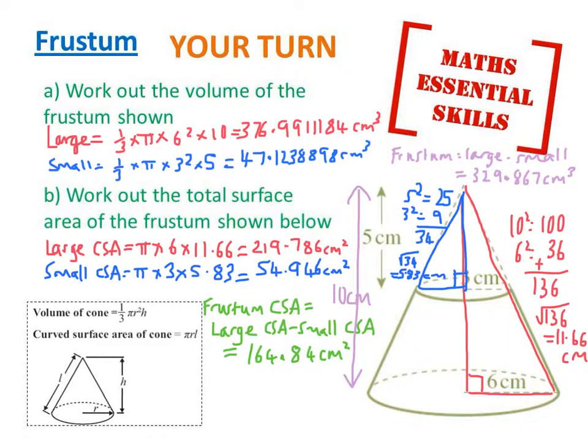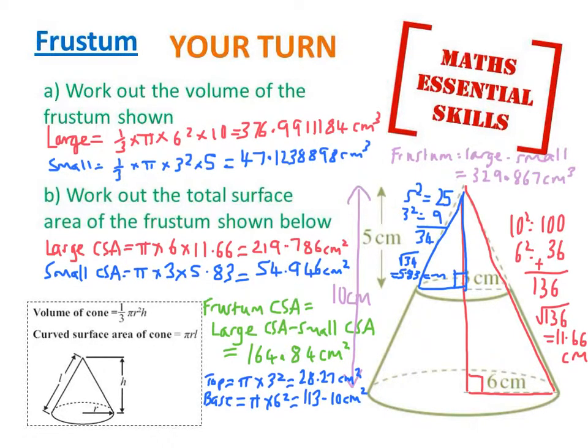And finally, as I mentioned before, I now need to work out the surface area of the base circle and the top circle, and that will give me the total surface area of the frustum. All of this working out was to give me the curved surface area, and now we need to work out these two faces as well.